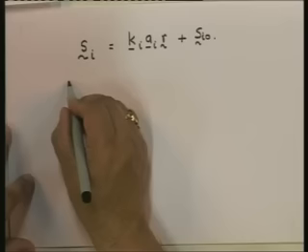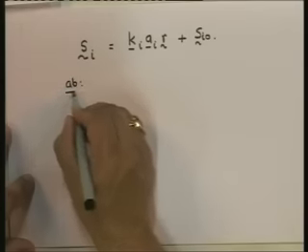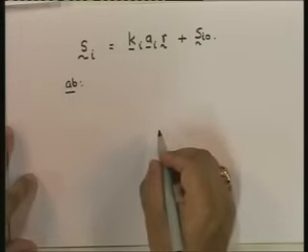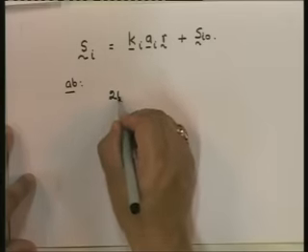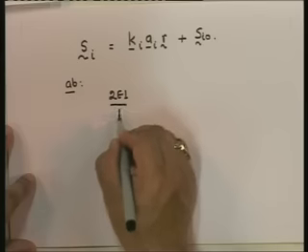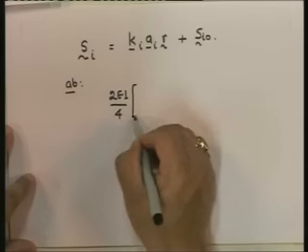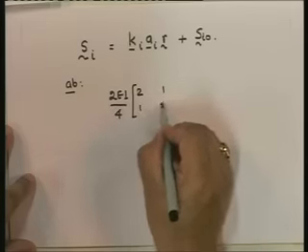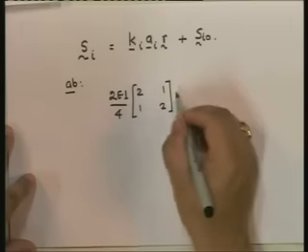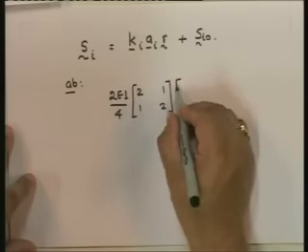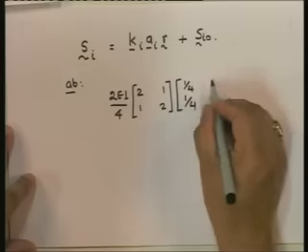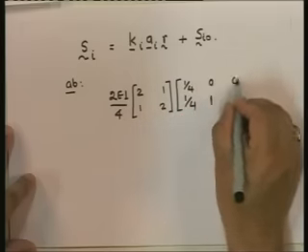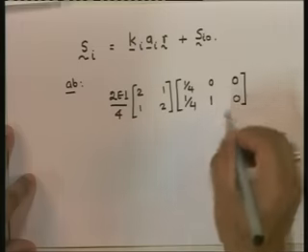Okay, let me do it for AB. For AB, what we have is KI is equal to 2EI/4 [2 1; 1 2], and my AI is equal to [1/4 1/4; 0 1; 0 0].